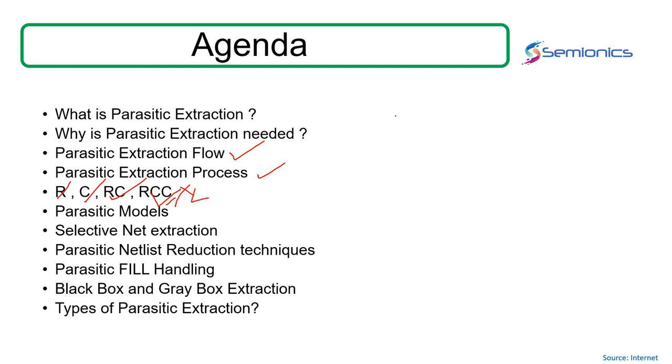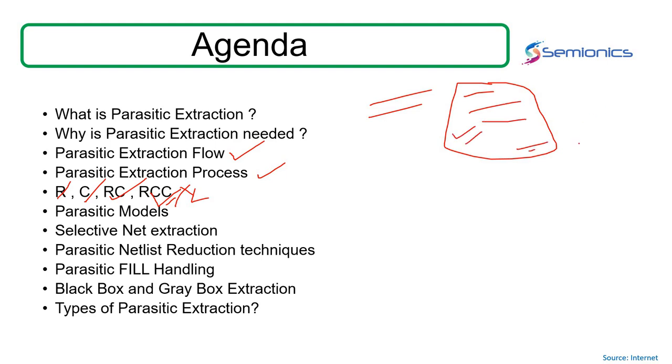Say for a layout person, if your designer says, okay, give me an RC extraction or an RCC extraction, you would just go to the GUI, give inputs, click some options and click OK. You get a .dspf file, that's the name of the parasitic extracted file. But it's not just that, there is a lot more going on in the background. There are a lot of settings happening in the background. That we will try to understand in this session.